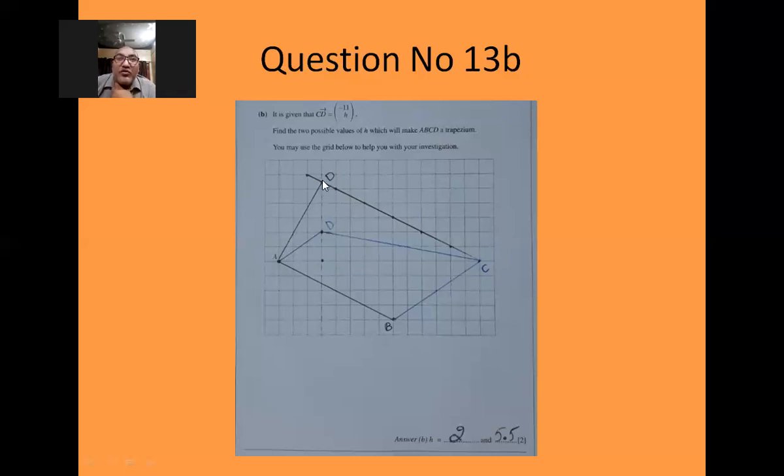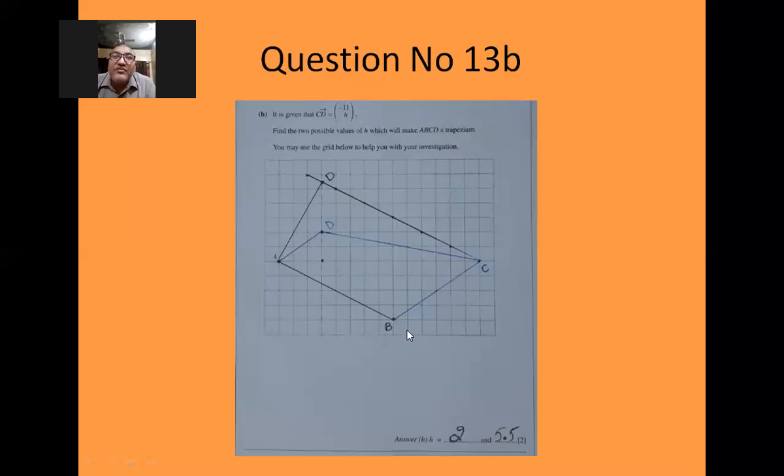According to these two points, D can be here or here, so that means 2 points. If D is here, this is a trapezium. You can see that these two sides are parallel. So this is one possible trapezium.